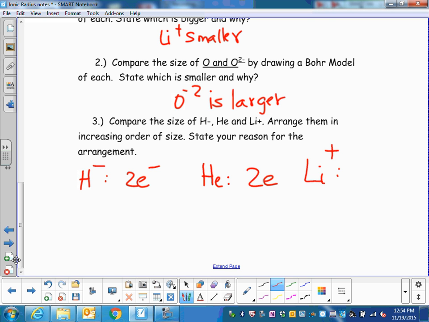If it's lithium plus, how many electrons does it have? 2. Now, we've got to compare the sizes. Which is small, which is big. They all have 2 electrons. Iso means same number of electrons. Yes or no?